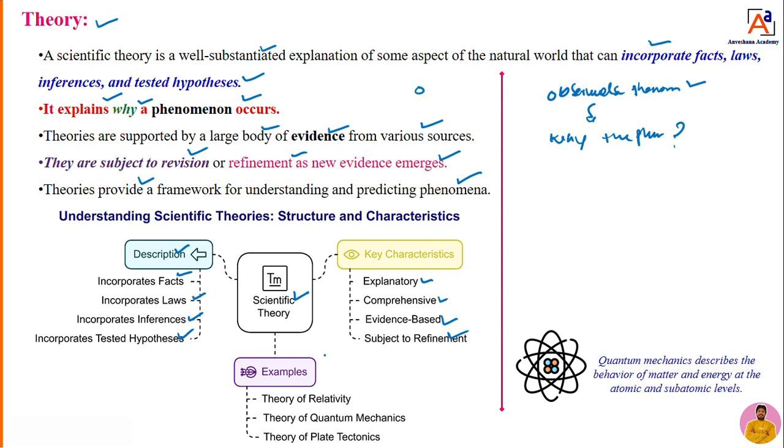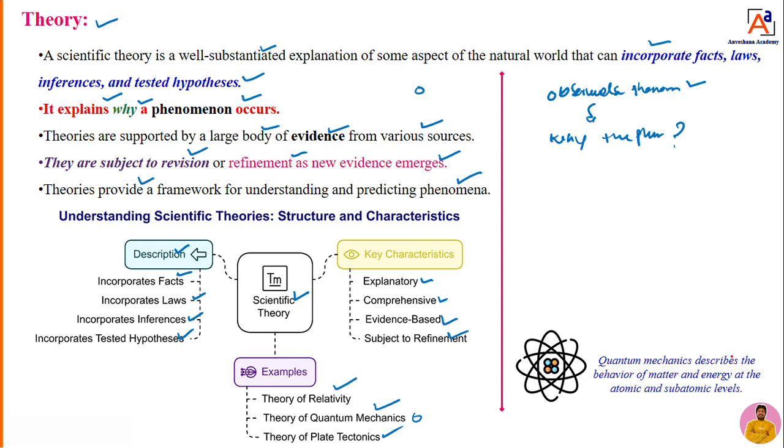That's the one thing. So some examples for theories are theory of relativity, theory of quantum mechanics, theory of plate tectonics, you can take. One I will consider here now, theory of quantum mechanics. What actually is it going to do?